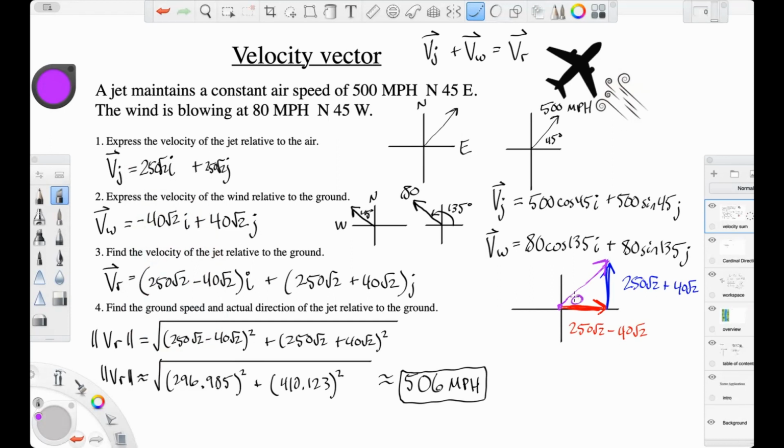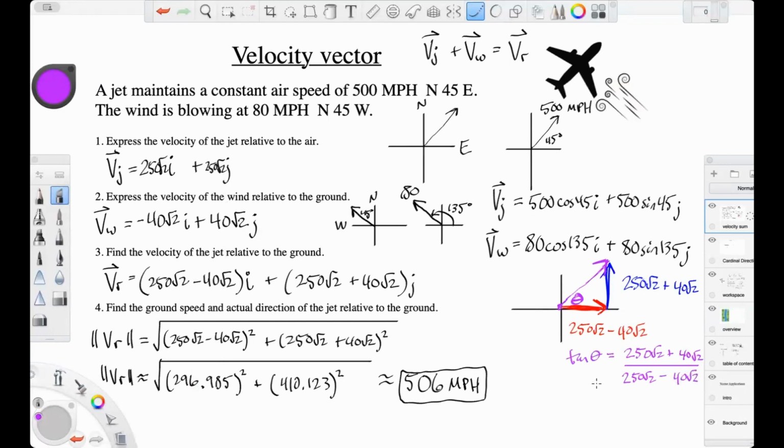I'm looking for this angle right here, right? So I'm going to say then tangent of theta is equal to the j component, 250 root 2 plus 40 root 2, all divided by the i component, 250 root 2 minus 40 root 2.